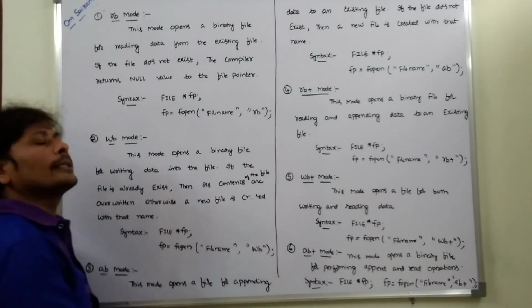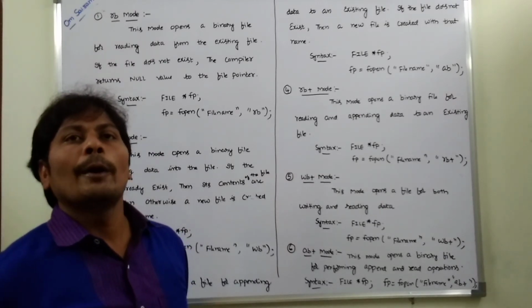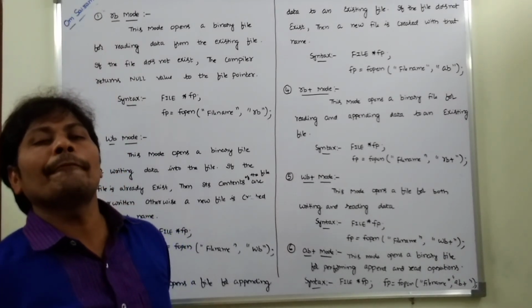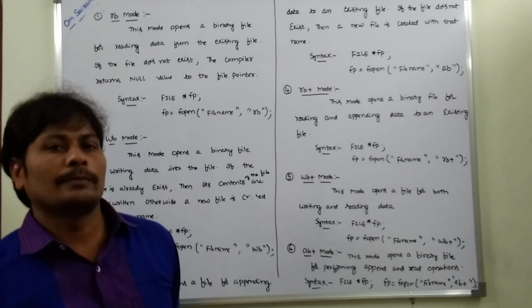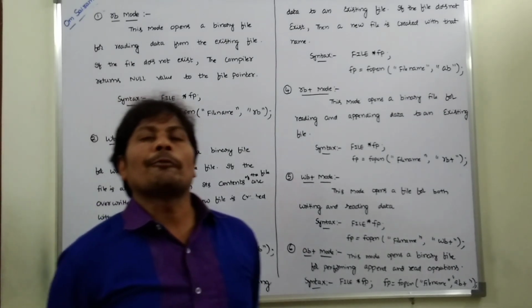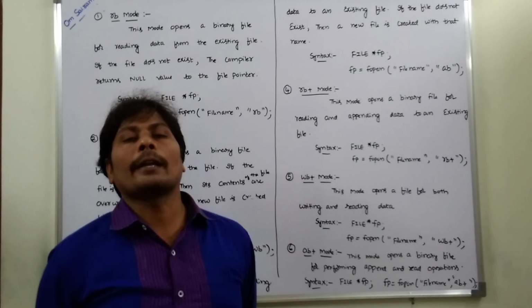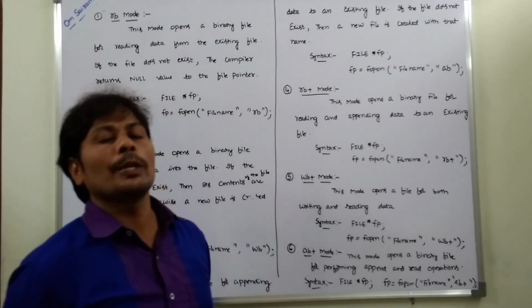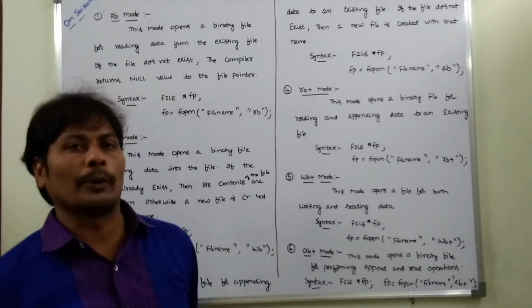Next, second mode is W mode. This mode opens a binary file in write mode. That is, to perform the write operation on a binary file, we have to use WB mode.